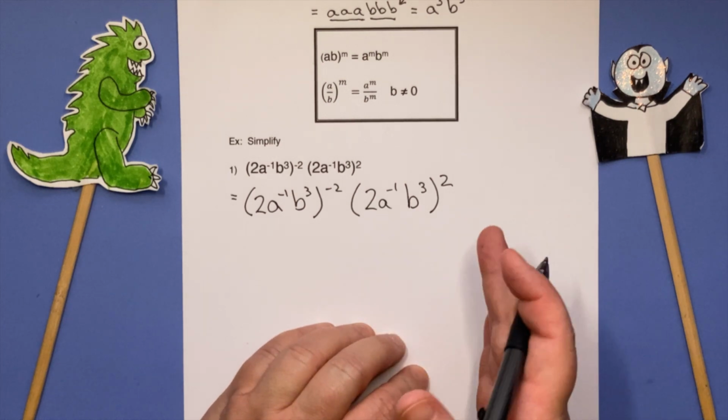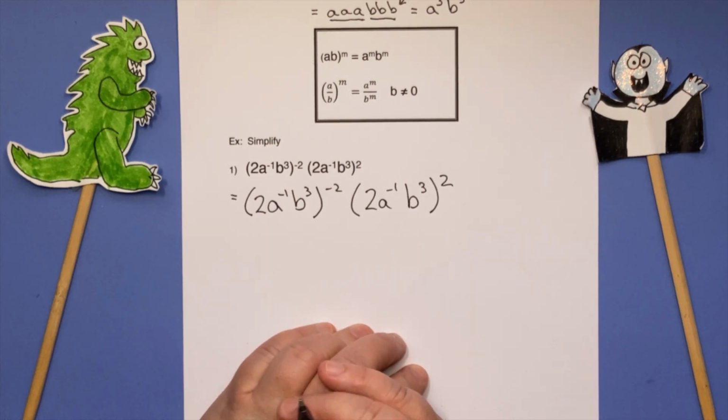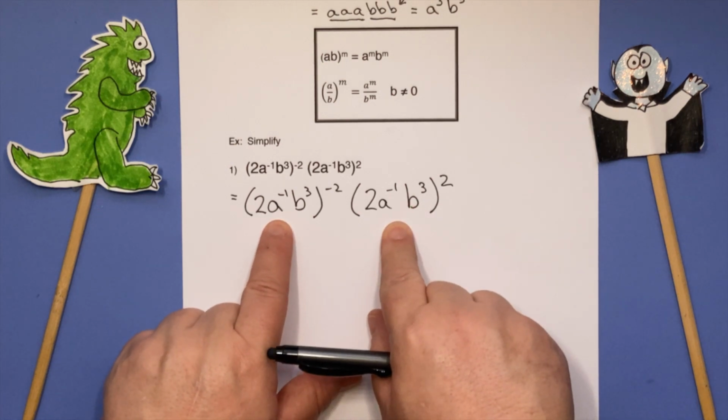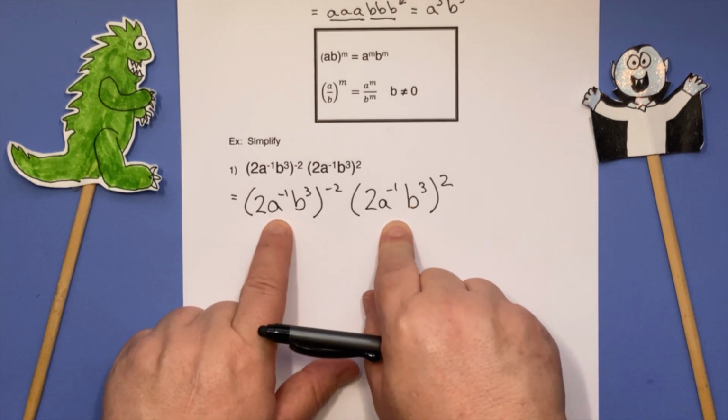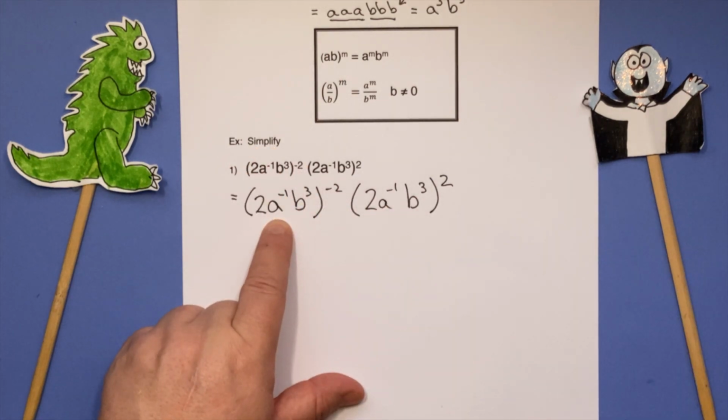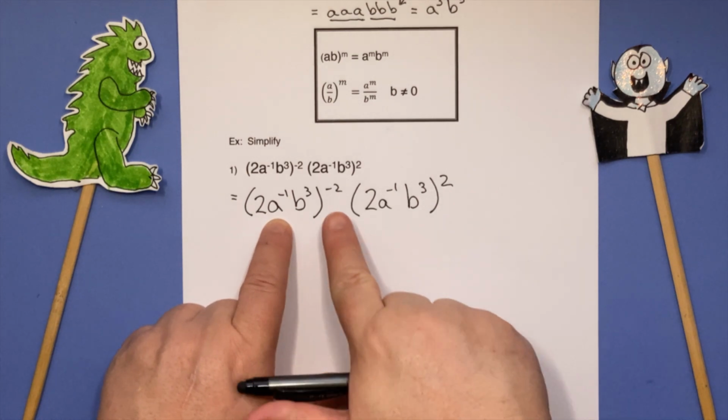So I'm just aware of that, and I'm just thinking, oh, that's interesting. So I'm going to go ahead and work on each part separately and just see what I can do with it. So generally with simplifying, you're going to be looking for things that can cancel. You're going to be looking for things that you can combine.